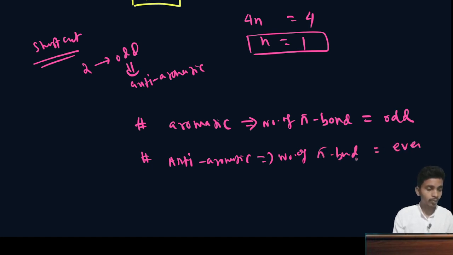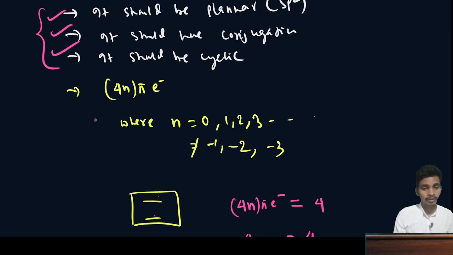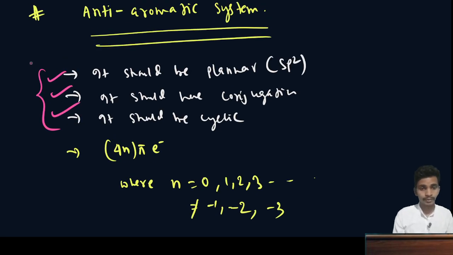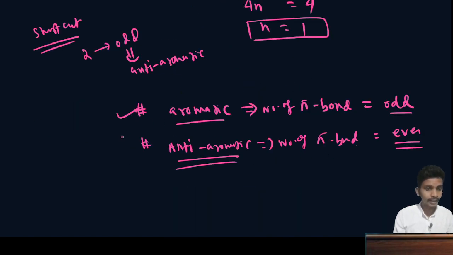Note that this is the number of pi bonds, not the number of pi electrons. Okay, if the number of pi bonds is odd, then that is aromatic, and if the number of pi bonds is even, then that is anti-aromatic. So this is the shortcut you have to remember. The molecule should first satisfy these conditions. After that, apply this trick, then we can easily say which are aromatic and which are anti-aromatic.